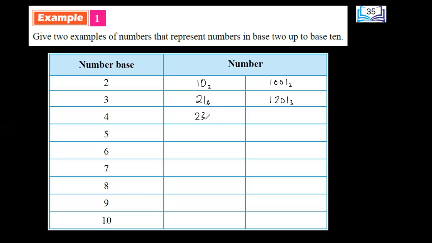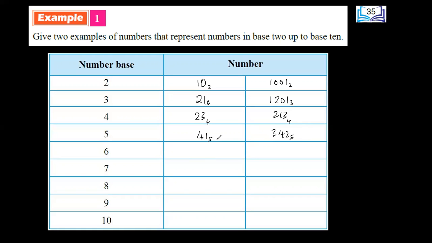For base 4, 213 base 4. You don't see 4 there. For base 5, 41 base 5 and 342 base 5. You can see 0, 1, 2, 3 up to 4, but you don't see 5.